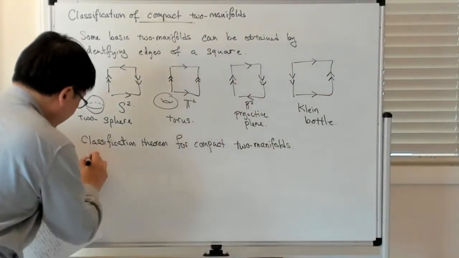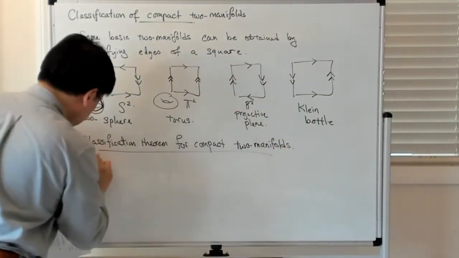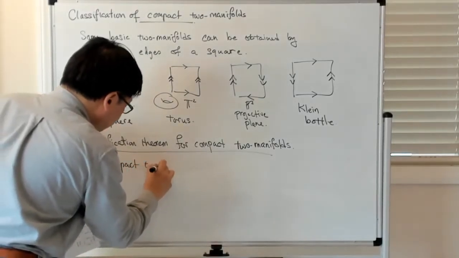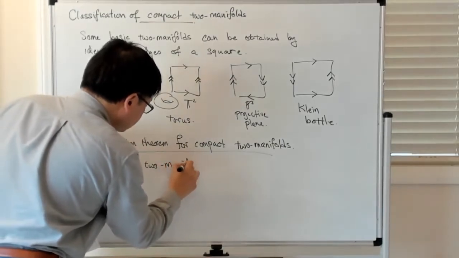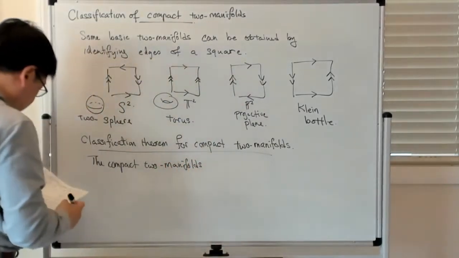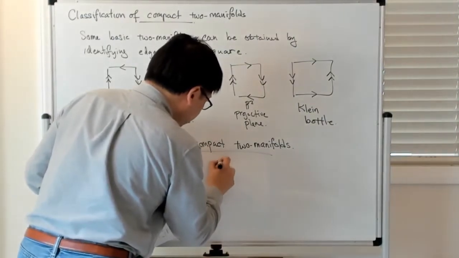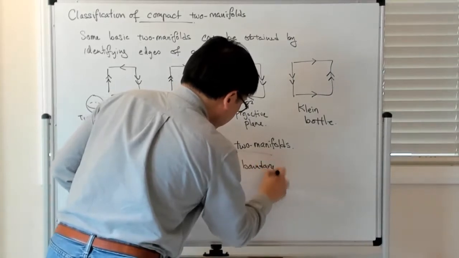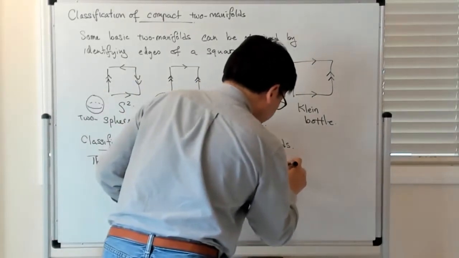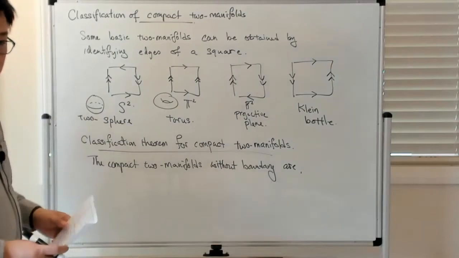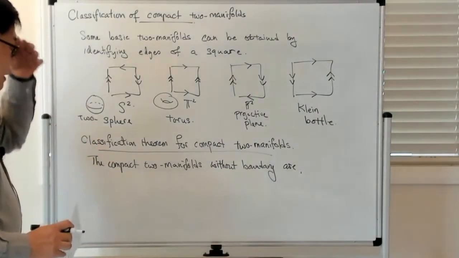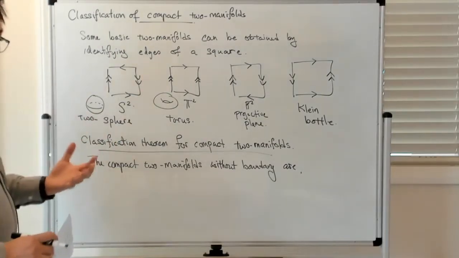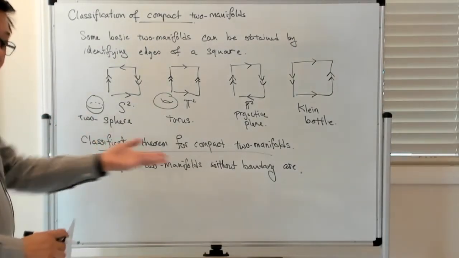So the compact two-manifolds without boundary are given by the following. And it should be understood that when I say they're given as this, I mean that any compact two-manifold without boundary is homeomorphic to one of these things.